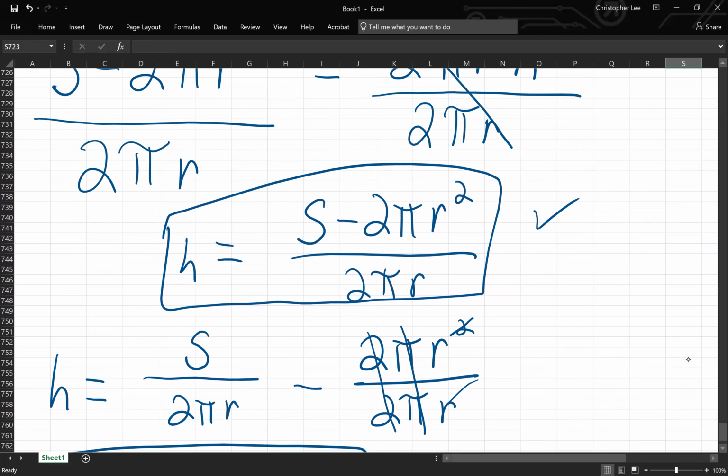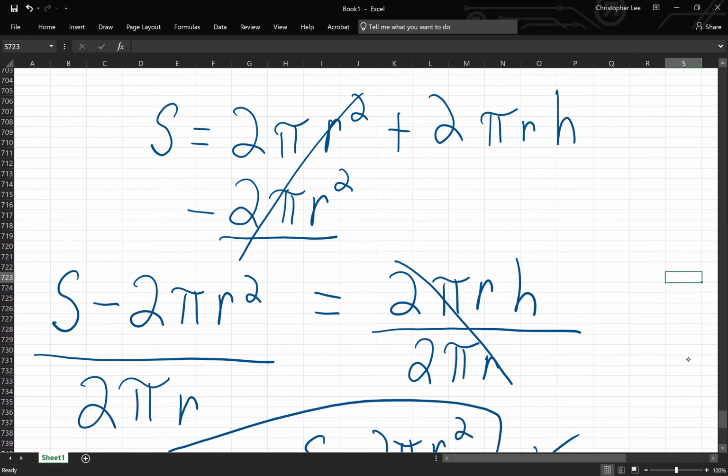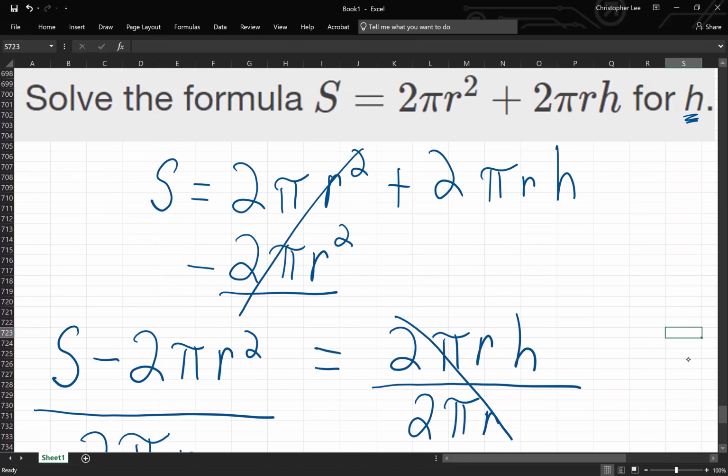So the top part, like up here? All right. So to me, once they ask me to solve for a variable, everything else that's not that variable, I think of it as a constant, like a number. Technically speaking, r is a variable, but I'm treating it like a number.